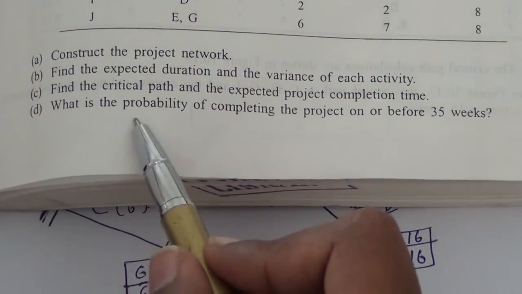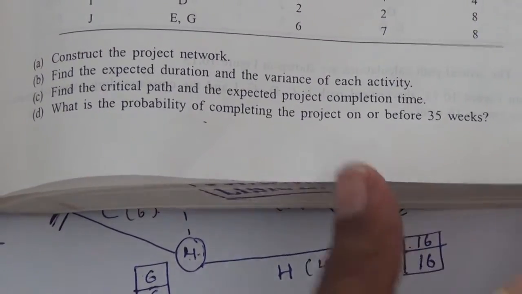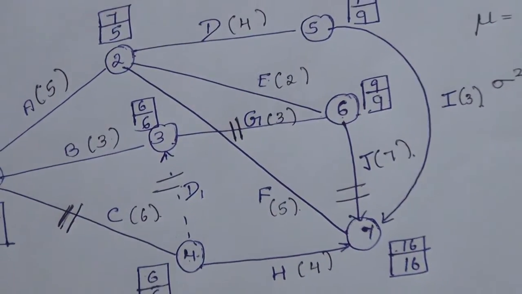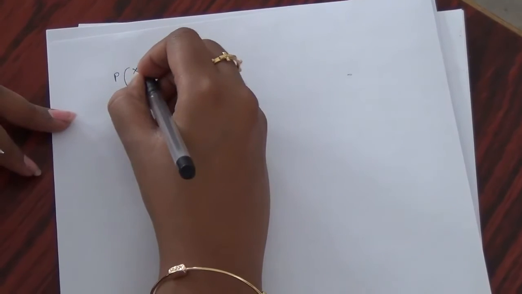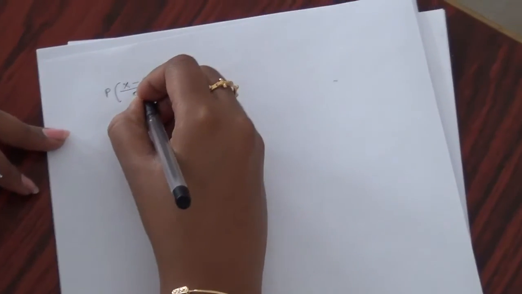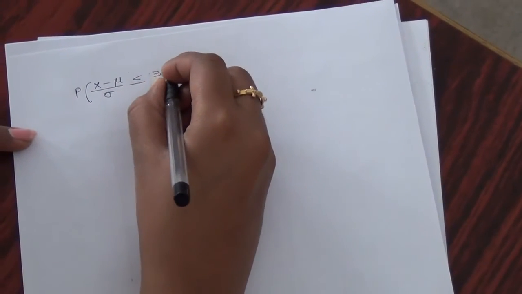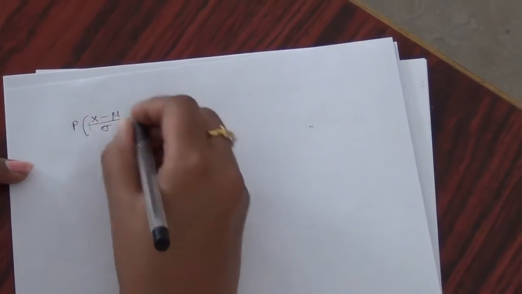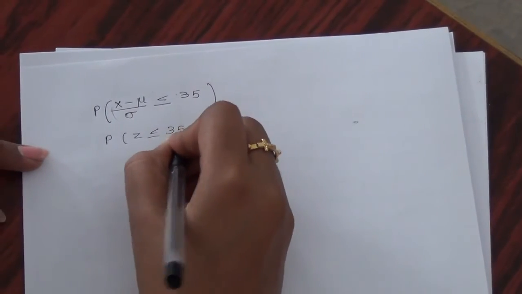Now let's go to the fourth question: the probability of completing the project on or before 35 weeks. For calculating the probability value, the formula will be the probability of (x minus mu) by sigma, which is nothing but z, being less than or equal to 35.